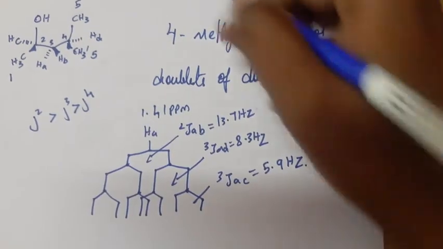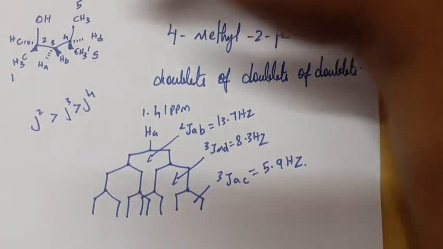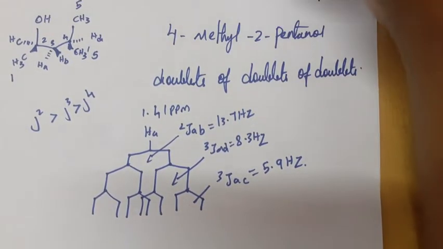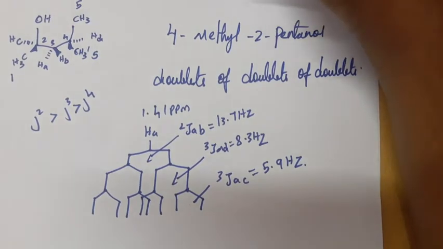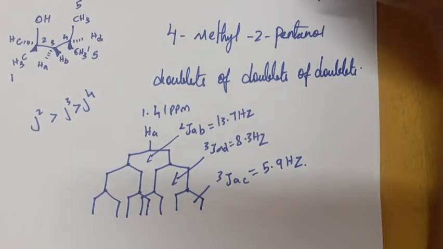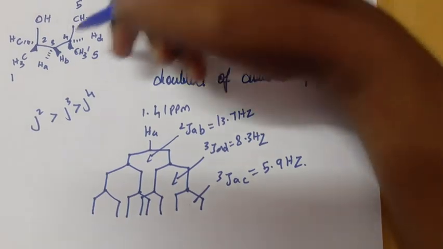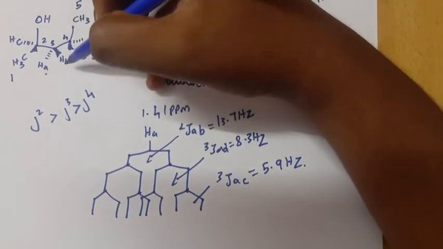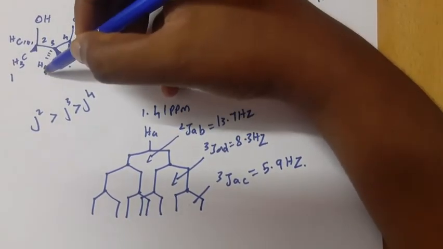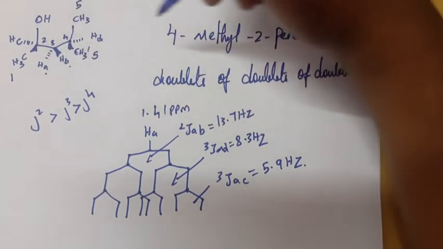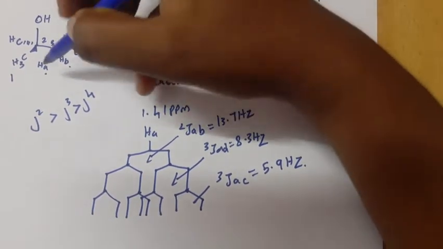Okay, let's see. First I'll tell you how I got this, then I will explain why it's happening like this. So these A and B both are going to give this kind of doublet of doublets.